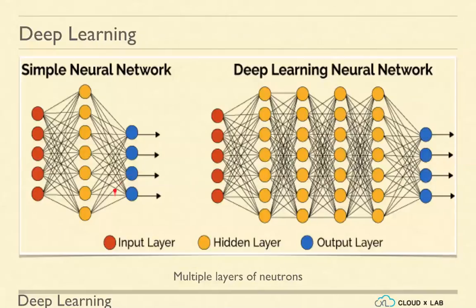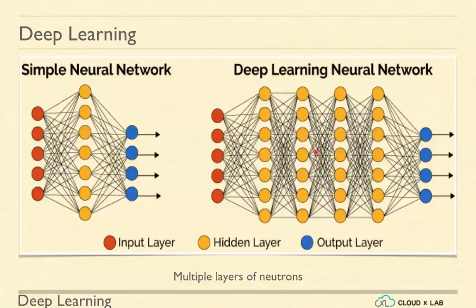Now, this is a simple neural network, and this is a little more complex neural network. So there are simple neural networks, and this is generally called a deep learning neural network. What does it mean by deep learning neural network?